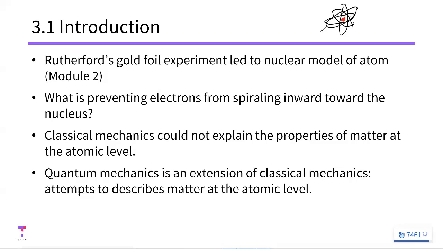Thomson's cathode ray experiment proved that there were negatively charged particles in everything. We call those electrons. Millikan's oil drop experiment let us isolate the individual charge on that electron. The gold foil experiment, and later work of Chadwick and others, proved that there were protons and neutrons in that nucleus.